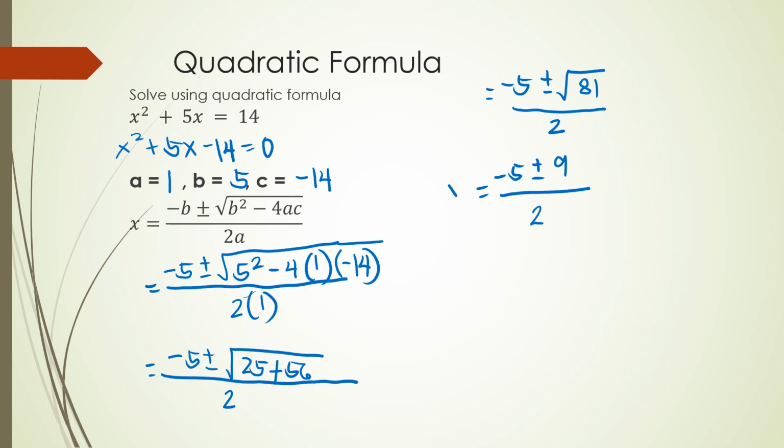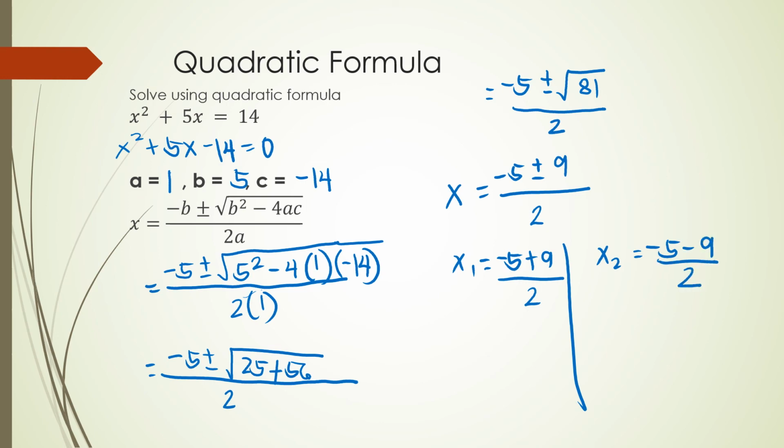Separate this, so this is the value of x. So get the value of x sub 1 and then the value of x sub 2. X sub 1, negative 5 plus 9 over 2. So x sub 2, negative 5 minus 9 over 2. Okay? So you have negative 5 plus 9, that is positive 4 divided by 2. 4 divided by 2, that is 2. Okay? So this is the value of x sub 1.